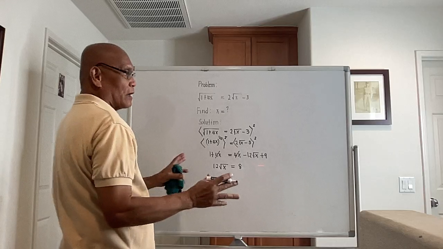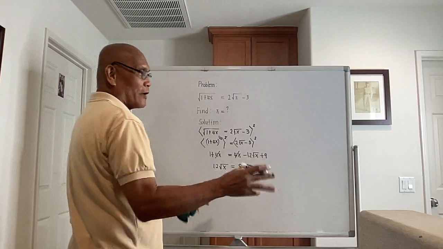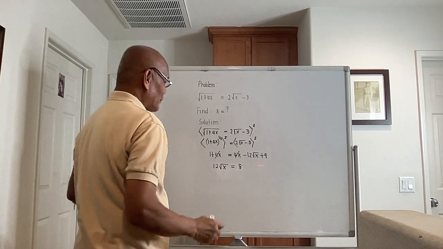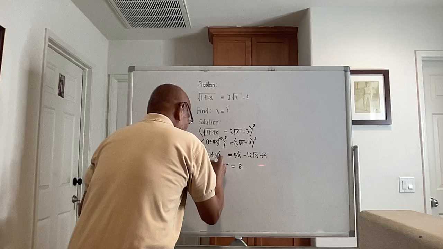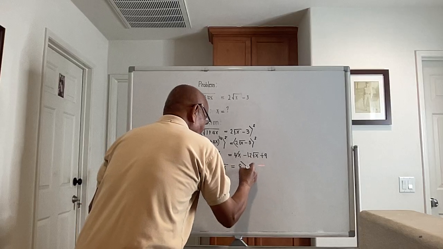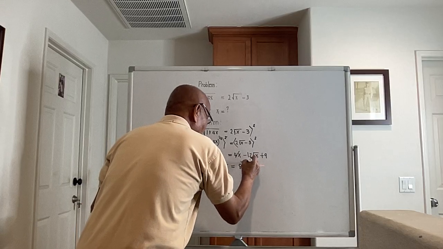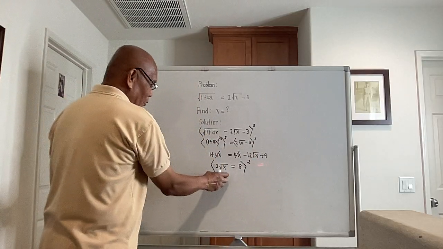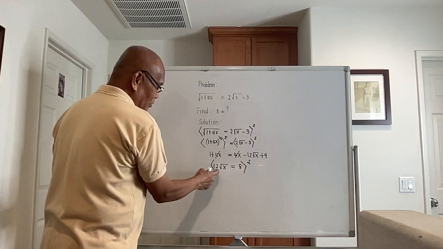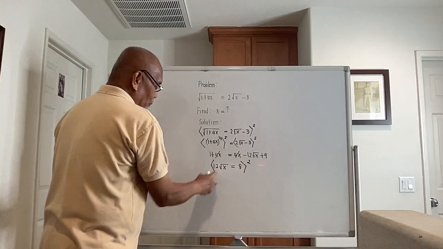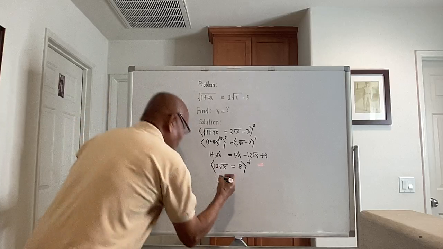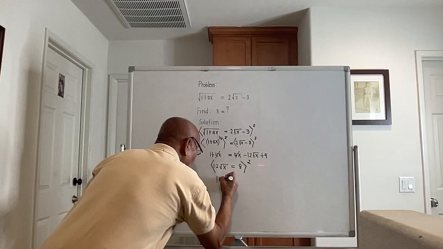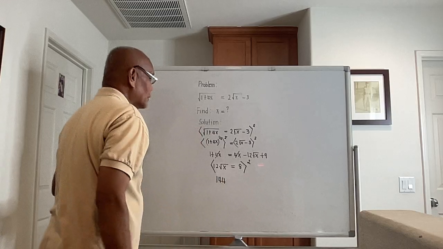Again, we are still far from the value of x, because the value of x is still with the square root. So again, we will raise this one to the second power. We square it again. So the square of the left hand side, it's a constant in the square root of x. The square of 12 is actually 144. Right?